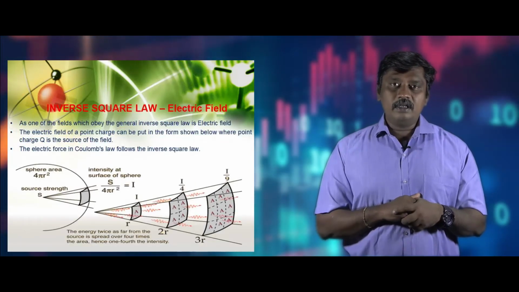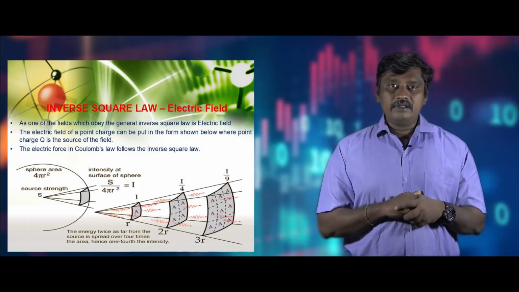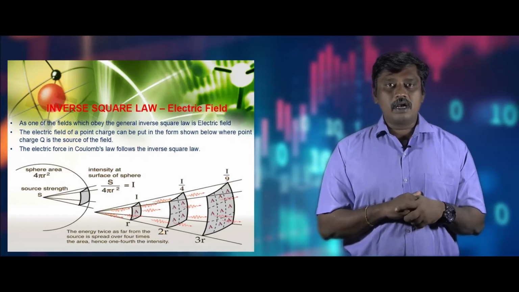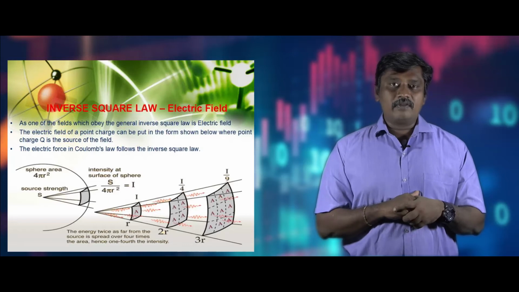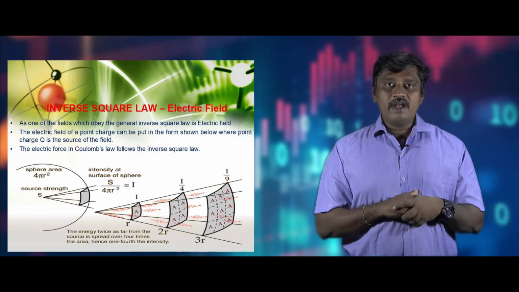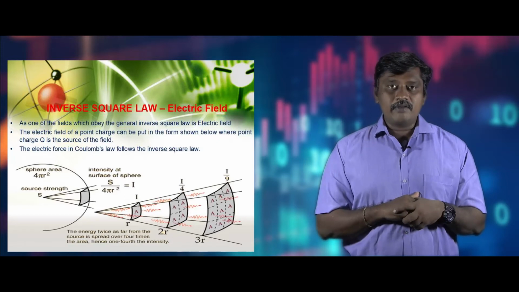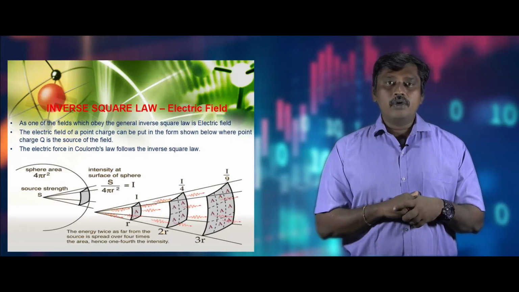Now let us see the next physical property, the electric field. The electric field in general obeys the inverse square law. To understand this, let us consider a point charge and the electric field produced by the point charge. This electric field will spread like a growing sphere. So if we find the electric field at any point from the point charge, it depends upon the distance of the point from the point charge. S is the strength of the point charge.